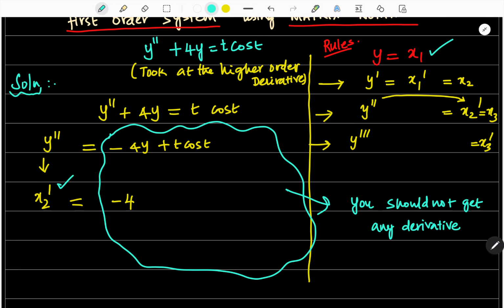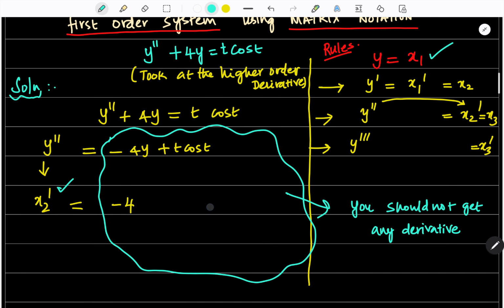Here I put x2 dash, but here you should not put anything related to dash. All things should be free from dash. So what can I write for y without dash? y is nothing but x1, the extra fitting, as it is. Any question?